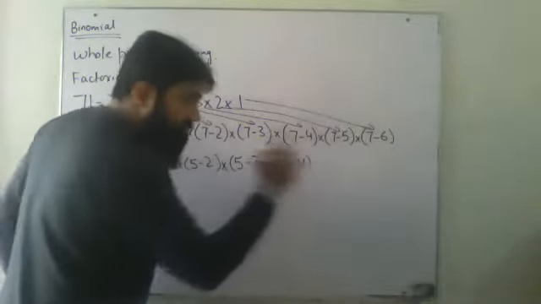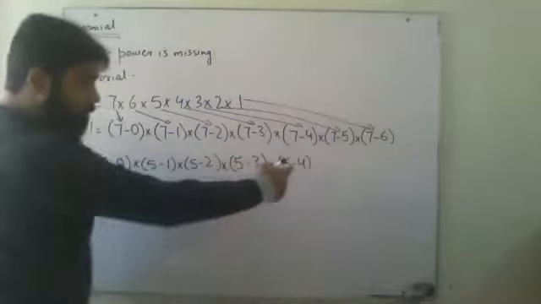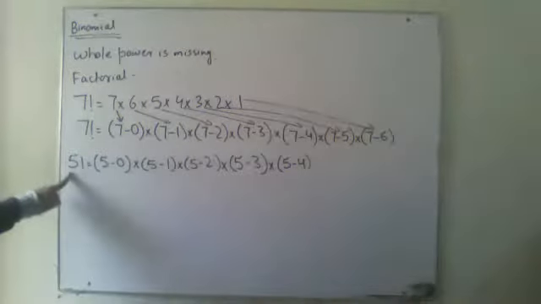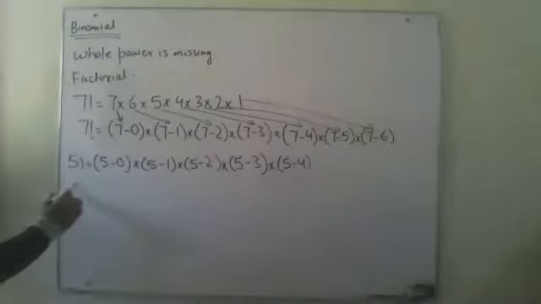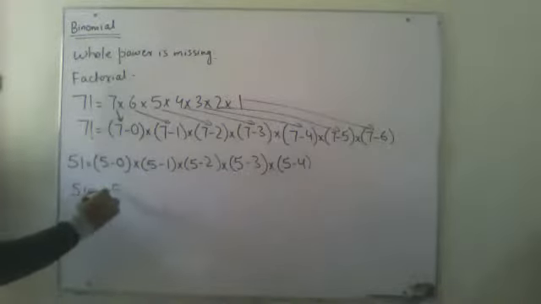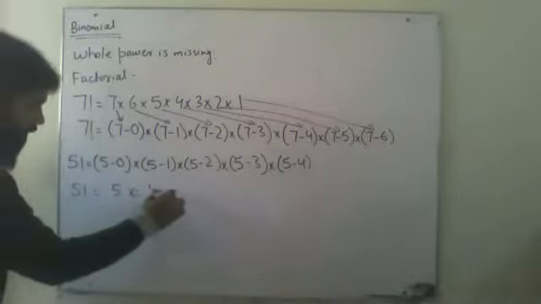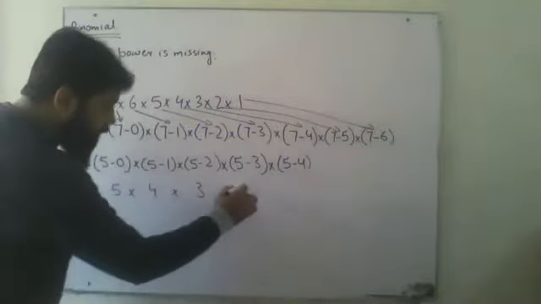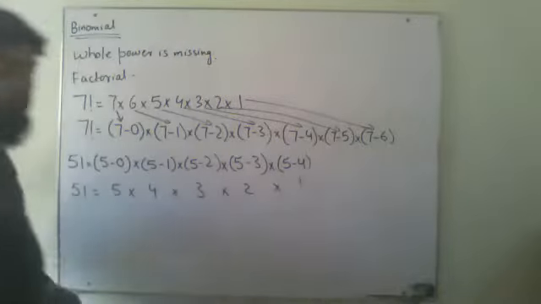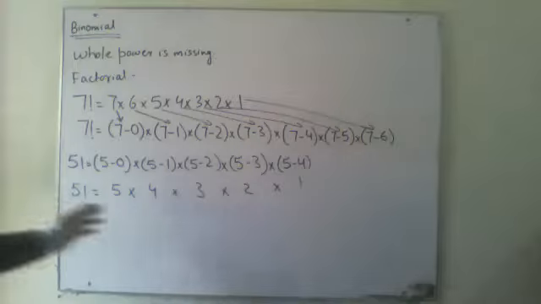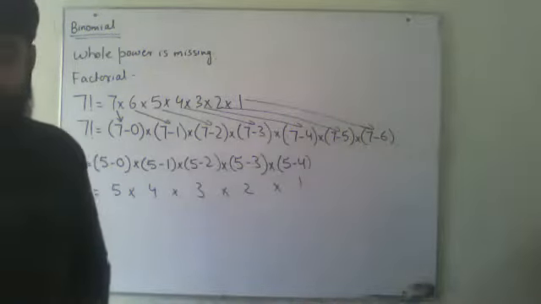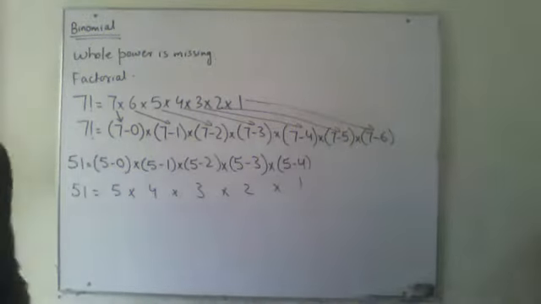Will I go for 5 minus 5? No. One number lesser than your factorial number. That will result in 5 factorial equals 5 into 4 into 3 into 2 into 1. Okay, this is how we are going to expand our number, right?